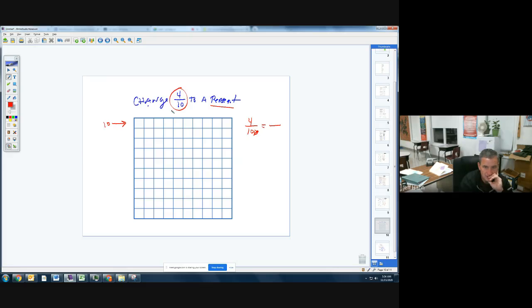So that means 4 out of every 10 are going to get shaded. So check out here: 1, 2, 3, 4 out of these 10 are going to get shaded. But that's 4 out of every 10. So then you're going to have to shade 4 in the next group of 10, 4 in the next group of 10, and so on. So you're going to keep shading all 4 of these groups of 10.